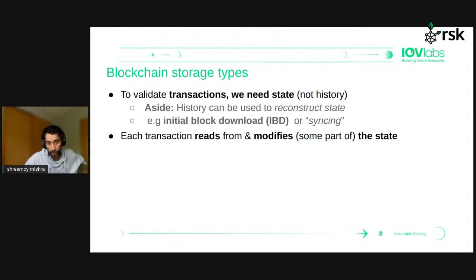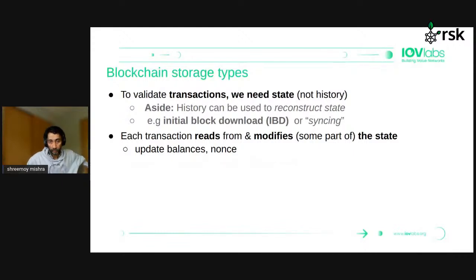Now, every transaction reads from state and modifies a part of state. Even a simple send transaction, if you send someone one RBTC, would involve reading your account state, figuring out you have enough balance, and then adjusting those balances for the sender and receiver. So every transaction modifies state somehow.